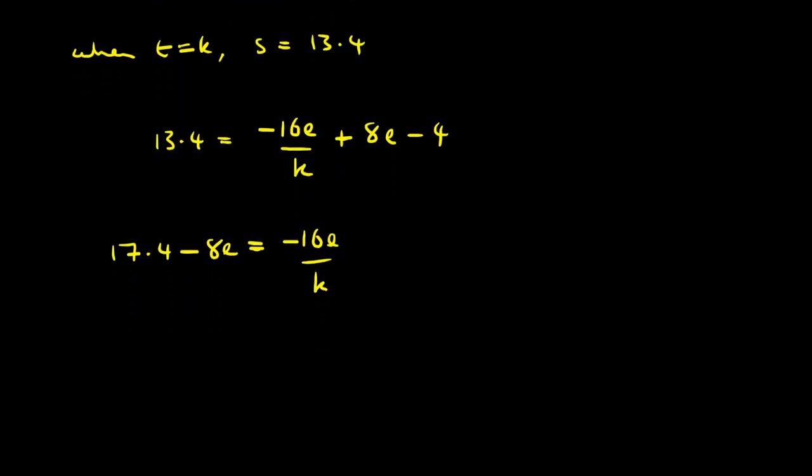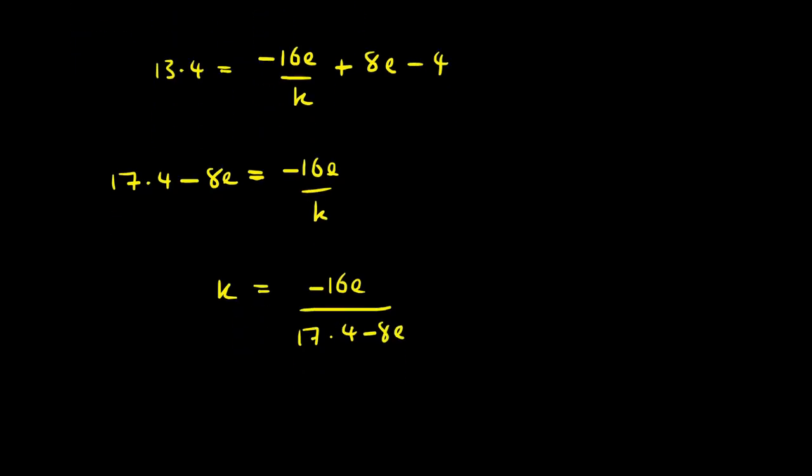And so therefore k is going to be equal to minus 16e divided by 17.4 minus 8e. Right, and I think what I'll do is I'll try to put that into a calculator. All right, so if I put that all into the calculator, the answer I get is 10.00, so 10.0. And that should be your final answer.